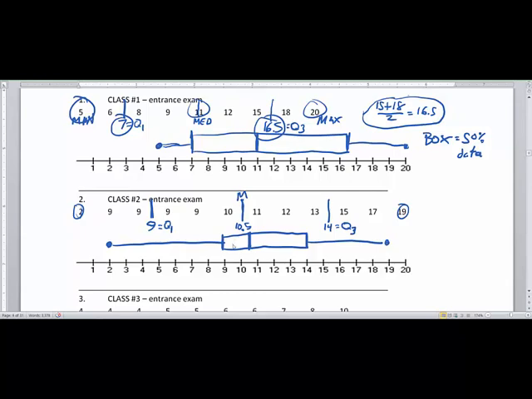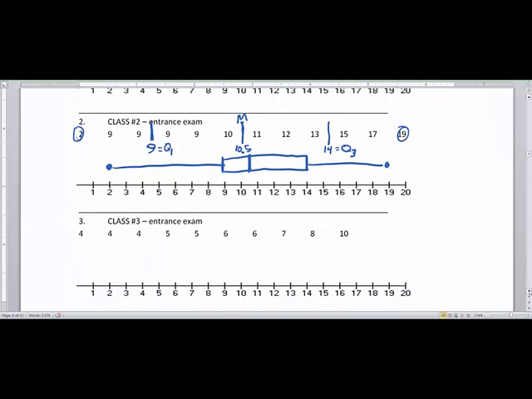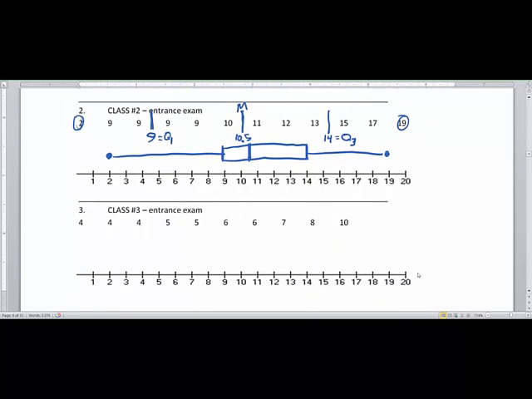But data is data, and this description of variation is valid. So let's look at the final example on this page, and we're going to let class number 2 still show to do some comparisons, because that's the power of descriptive statistics, is to show the comparisons between these two.